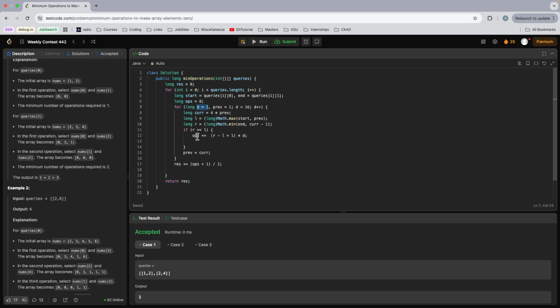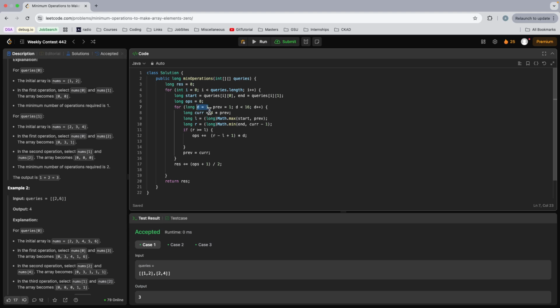So D equal to 1 represents the first segment, which requires one operation to reduce the element to 0. You're going to go through all the segments and see if some of the values in L and R lie in this segment. If they do, you count the operations, as we discussed, to reduce all the elements to 0, and then add the operations of all the numbers in all the segments.